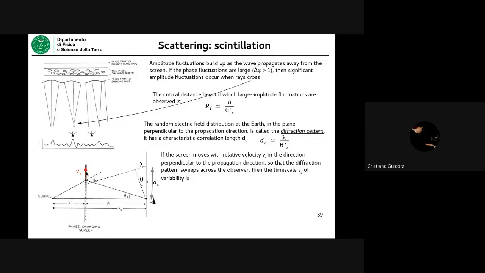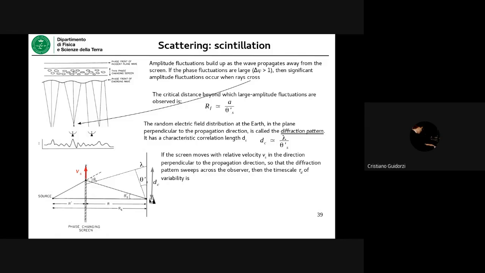So at some point you are expected to see variations in the flux that you measure because the screen is moving. If we call tau d the time scale that I have to consider, how long am I expected to wait to see a significant variation in the intensity measured by my detector due to the relative motion of the screen with respect to the source and observer? I can estimate the time interval over which I will be expected to see a significant variation in the flux.